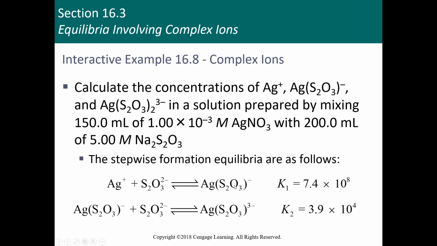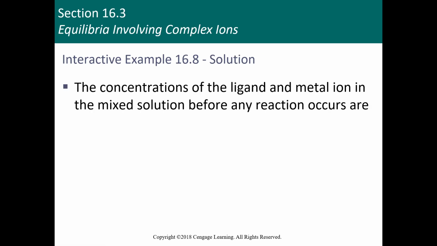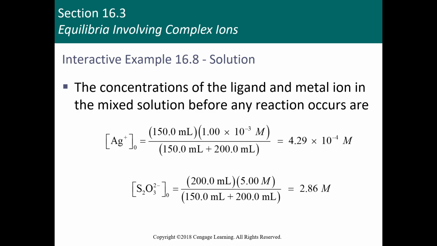Okay? All right. Now, the concentrations of your ligand and metal ion in your mixed solution before any reaction occurs are going to be these right here. And again, we just took the initial volume times the initial concentration over total volume, and we got our concentrations here.